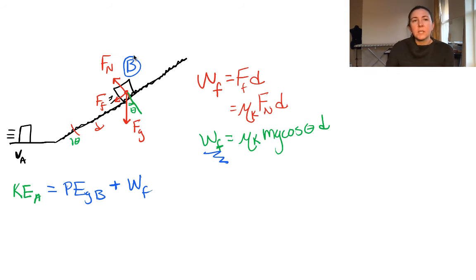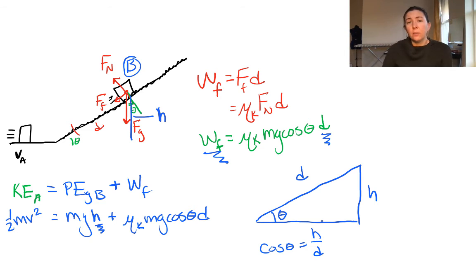And so you can see right now we have the height of the ramp, h, mgh here. We would need to use trig to find what h is or what d is in relation to each other.